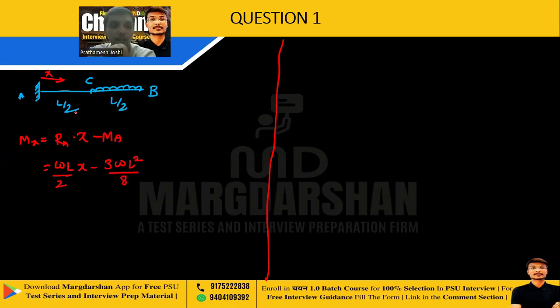This is limited up to L/2. Now if we want to go after C, we may go either from point B also, but I'm just taking from A, so we are going with A. So M at x will be WLx by 2 as it is, minus 3WL square by 8 as it is.